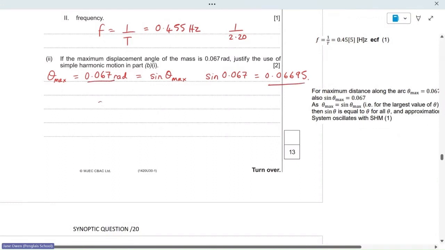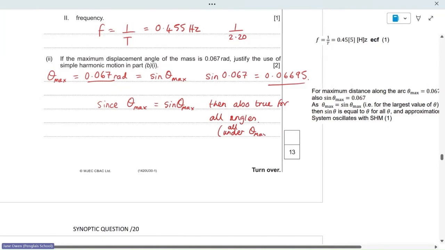And so since we can say that theta max is equal to sine theta max, then this must be true for all values, because don't forget, this is the maximum angle that we are going to be using. So all the other angles, between 0 and theta max, it will all be true.